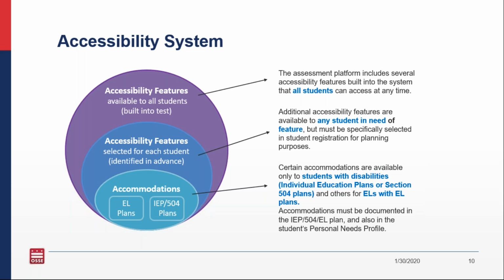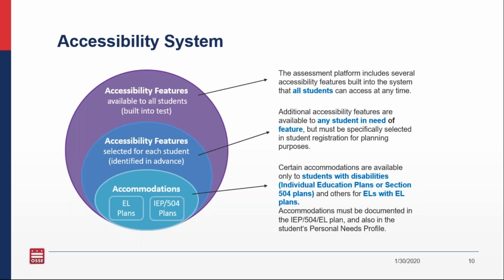Next, accessibility features that are identified in advance. These are additional features that are available to any student in need of a feature, but must be specifically selected in the student registration for planning purposes. And then finally, we have our accommodations for students with IEPs, 504 plans, and EL plans. Certain accommodations are available only to students with disabilities, so they must have a documented Individualized Education Program or a Section 504 plan, and others are for students with EL plans.